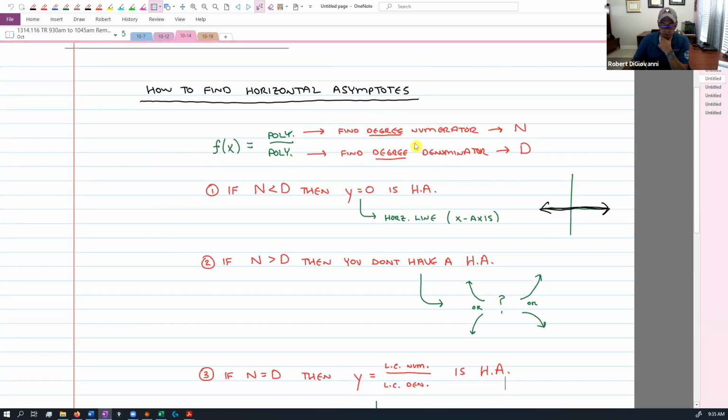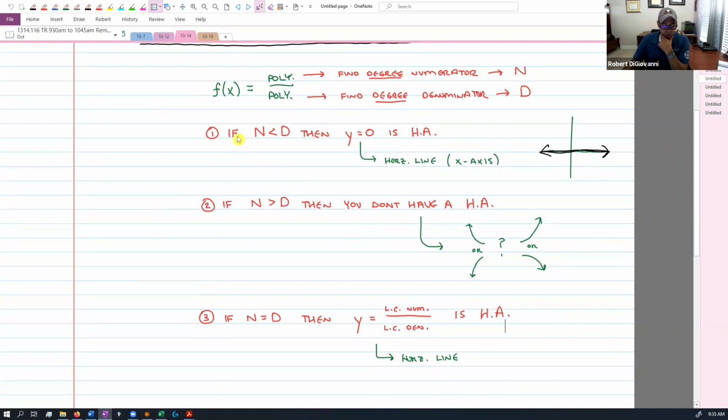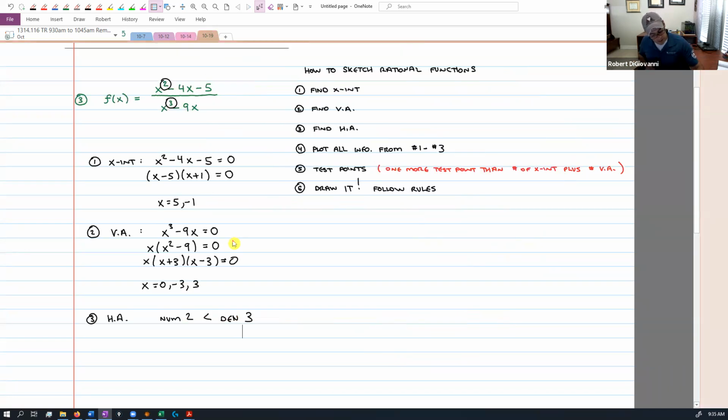You look at the degree of the top and bottom. If the degree of the numerator is smaller than the denominator, then y equals 0 is the horizontal asymptote. And that's the same as the x-axis. And that's the case we have here, right? 2 is smaller than 3. So we are going to use this case. This tells me that the x-axis is the horizontal asymptote. Any questions on that?